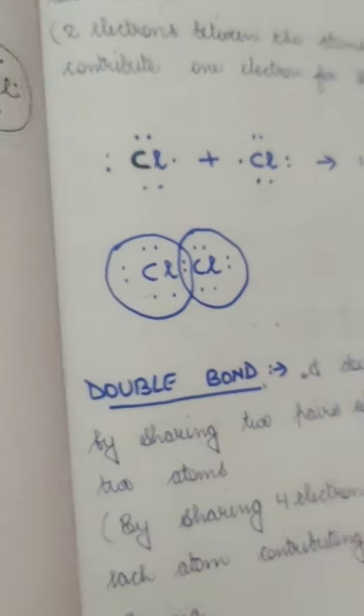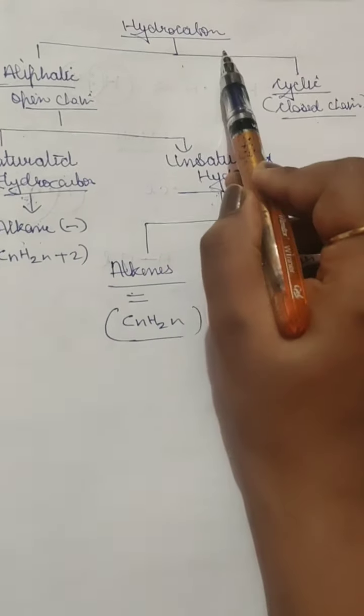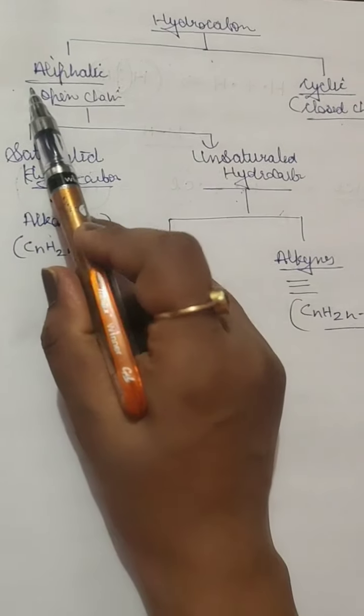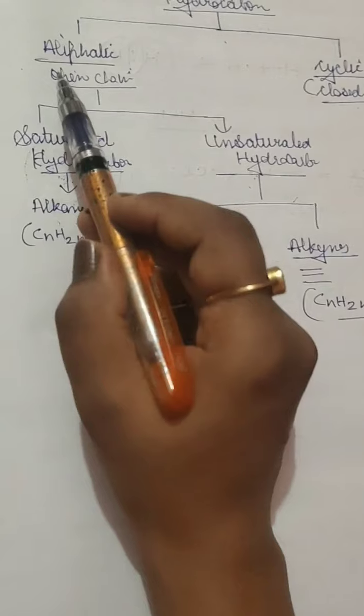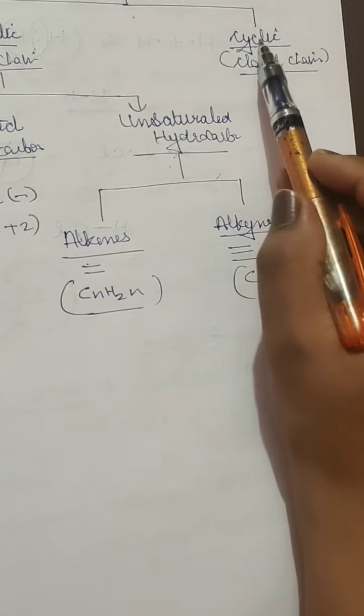Now we will be reading about unsaturated hydrocarbons. I told you in my previous lecture, but I will repeat this again because I think you are really confused in this. Hydrocarbons are basically of two categories, aliphatic and cyclic. Aliphatic are those in open chain form, and this is cyclic.